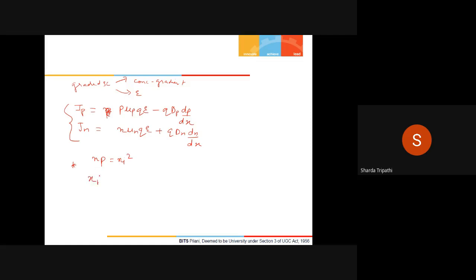Say at distance x1 from the reference point, you have the concentrations N1 and P1, and at distance x2, you have the concentrations N2 and P2. Then following the mass action law, N1 P1 will always be equal to N2 P2, and obviously this will be equal to Ni square. So this is the slight modification of the mass action law in the case of graded semiconductors.